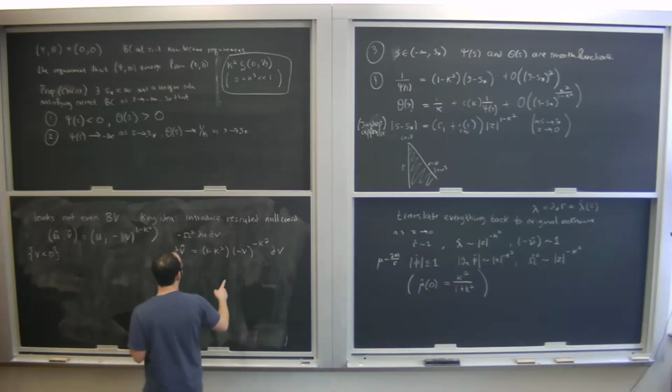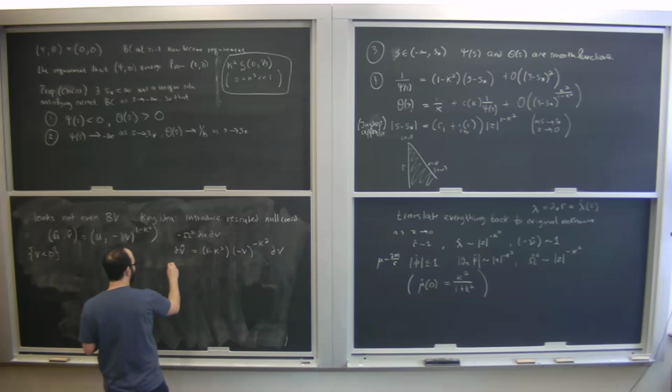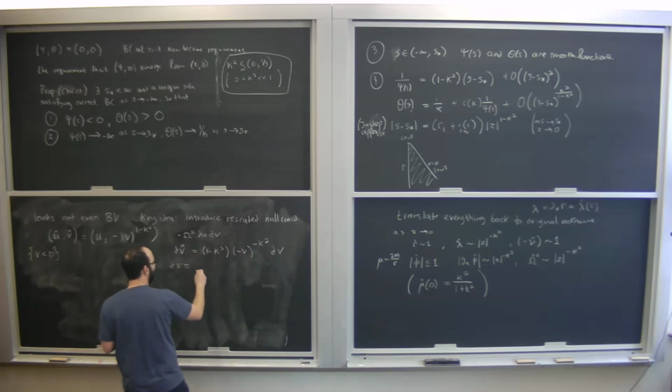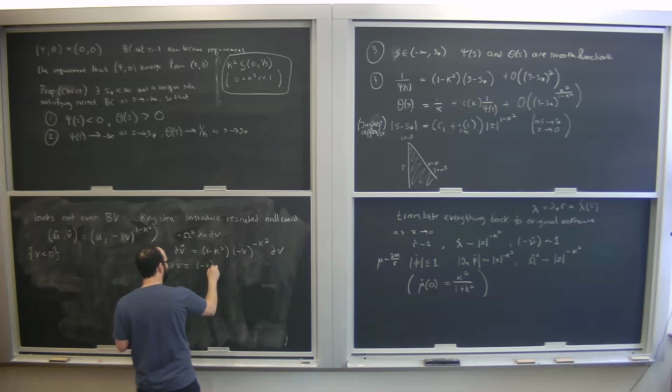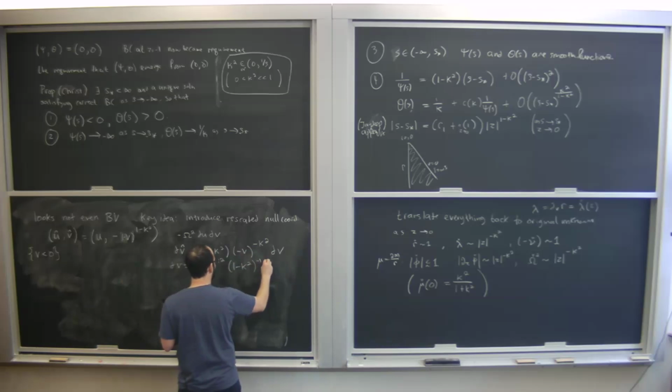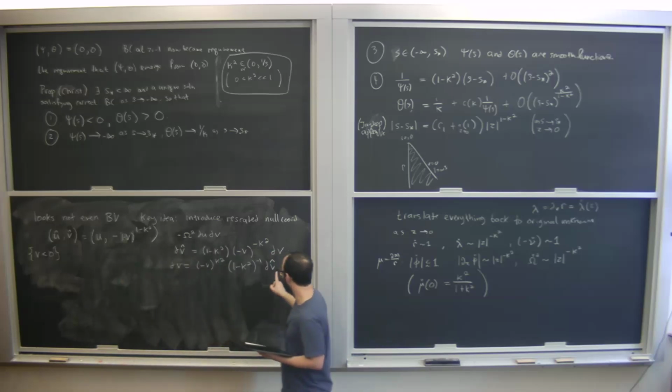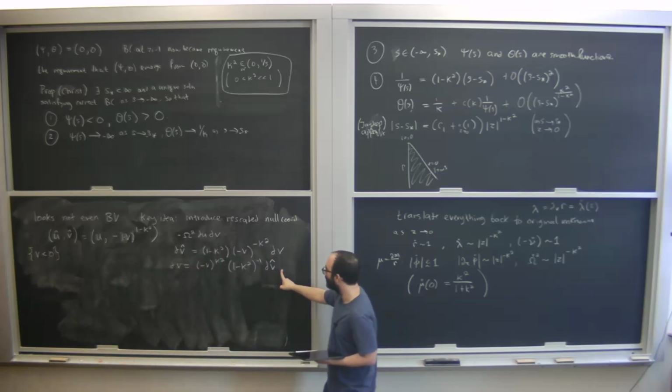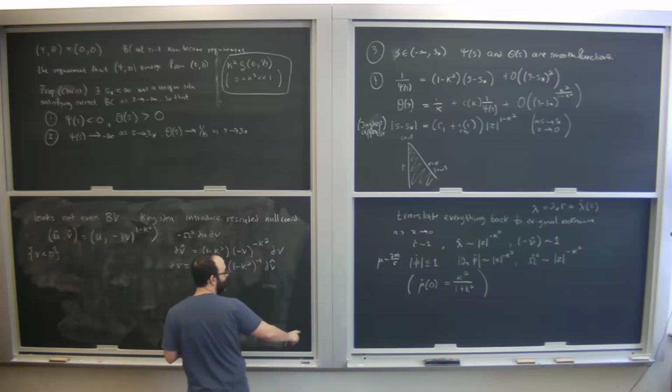And so you can work this backwards. So dv is equal to minus v to the k squared times 1 minus k squared minus 1 dV-check, right? Okay.